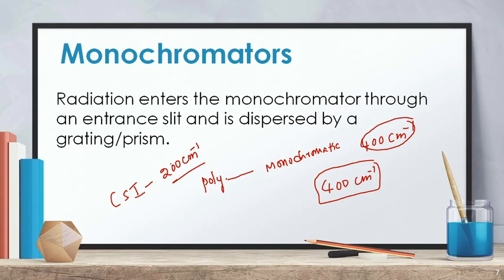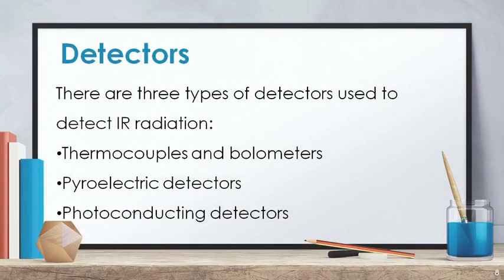For the construction of prisms or gratings, the materials we use are potassium bromide (KBr) or cesium iodide. These are the best choices for making monochromators, because we have to convert the polychromatic radiation into monochromatic radiation via the prisms. These are the materials we have to use.